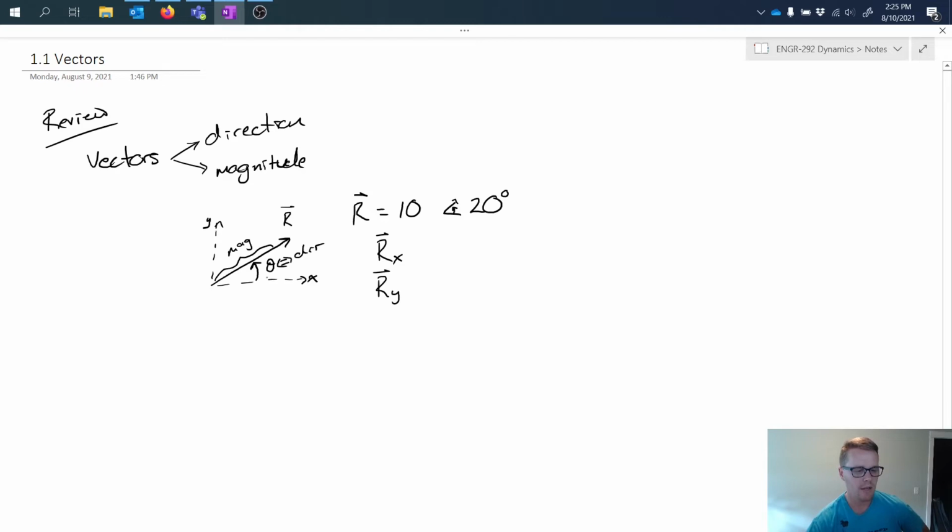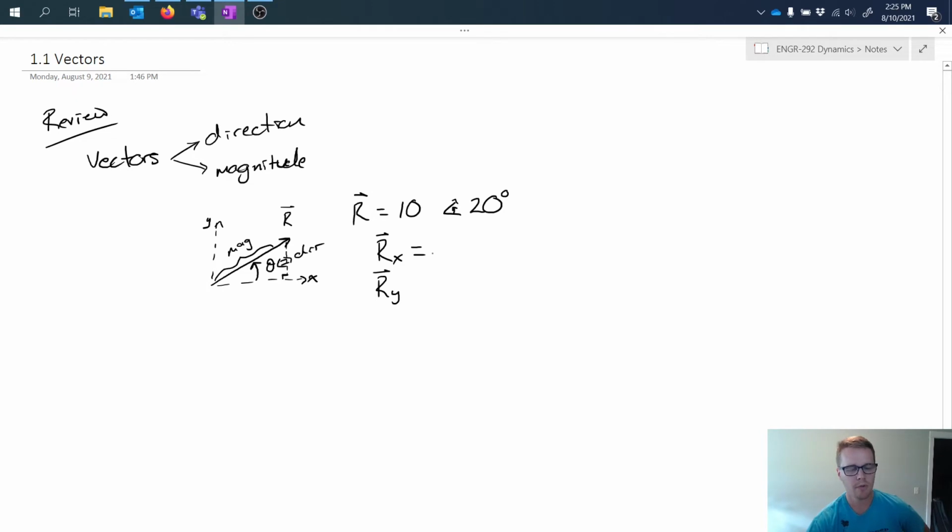So I've got an angle, and this angle gives us a right triangle, where the right angle is over here in the bottom right-hand side. And then I can use my trigonometry functions like sine and cosine and tangent to define what the x and y components of this would be.